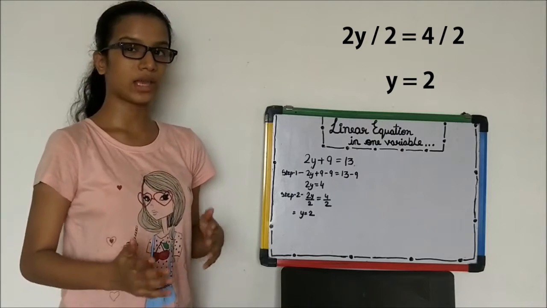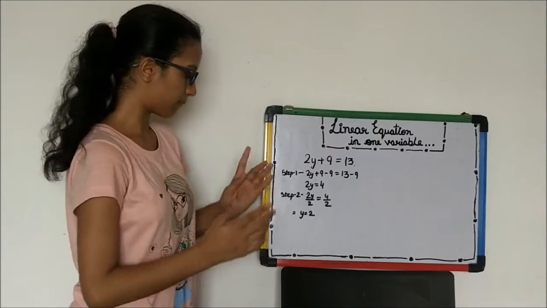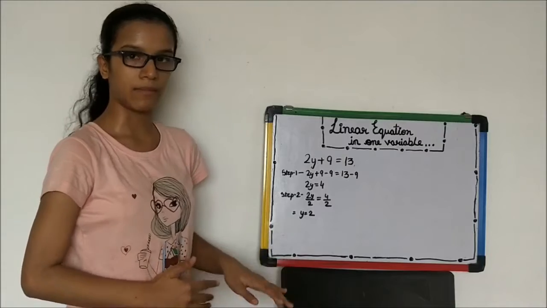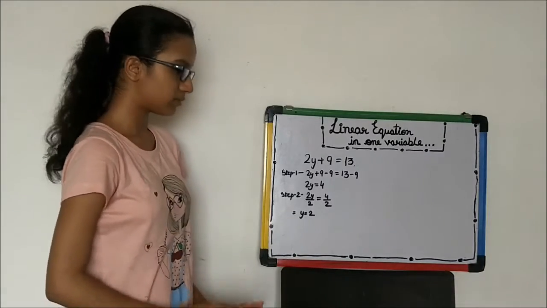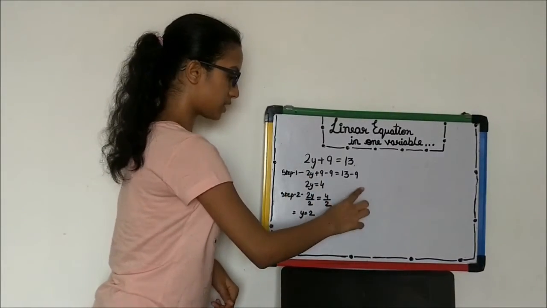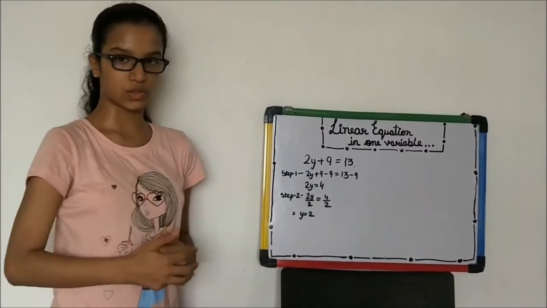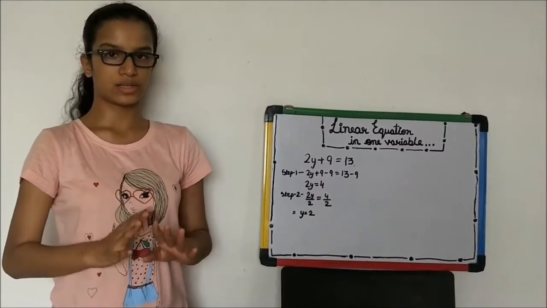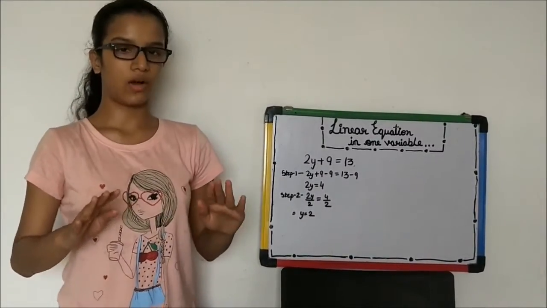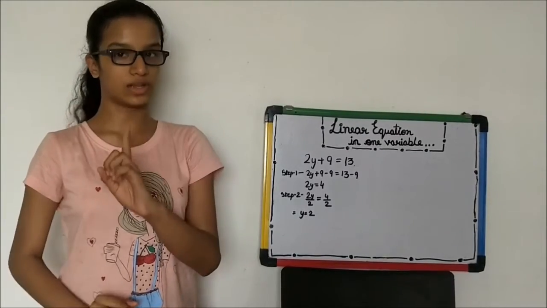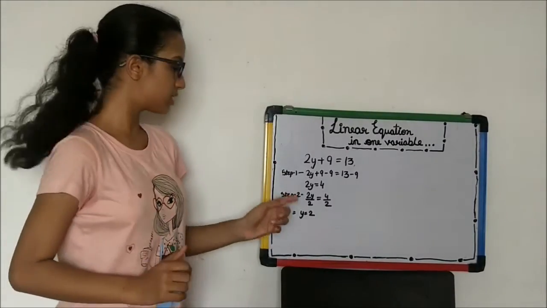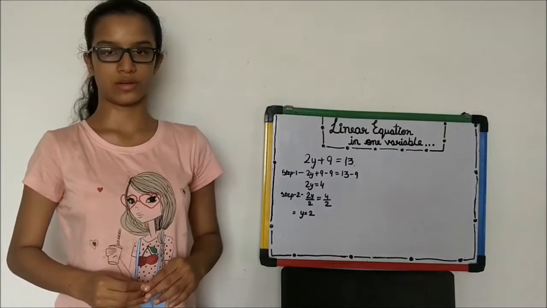That means y equals 2 is the answer for this particular sum. That means only for this equation the value of y is 2. In other words, we can say that any such problem has only one solution and this is known as the root of the solution.